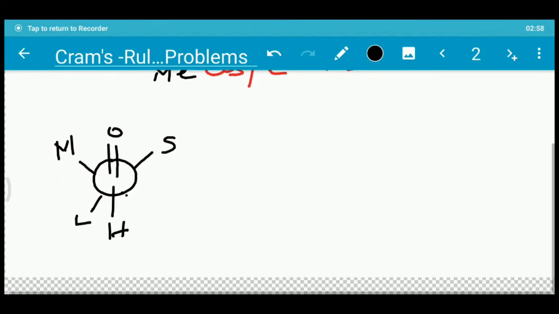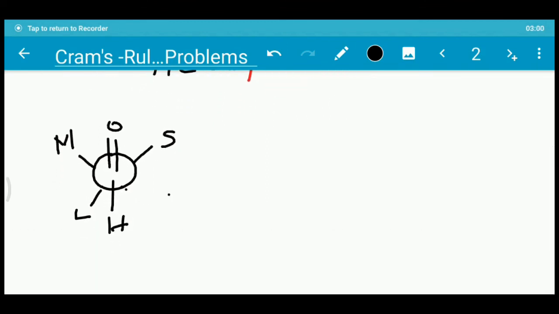And now when the phenyl group attacks the carbonyl, we end up with a product.